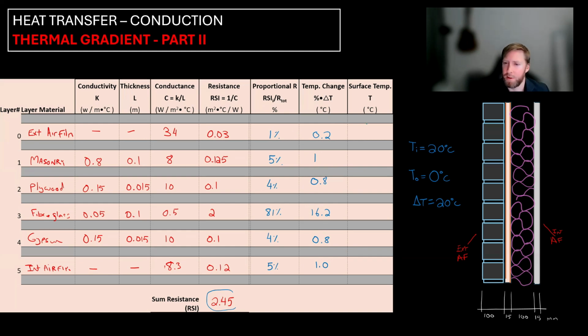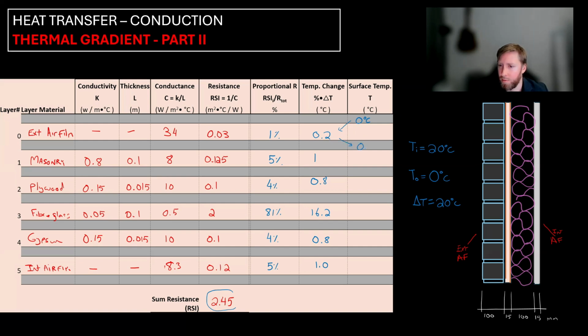Now, if we consider that the surface temperature on the exterior is going to be 20 degrees Celsius, or sorry, 0 degrees Celsius. So 0 degrees Celsius on the exterior, T-O. That means that when it passes the air film, it's going to go from 0, and we're going to add this 0.2. We're going to put it down here.